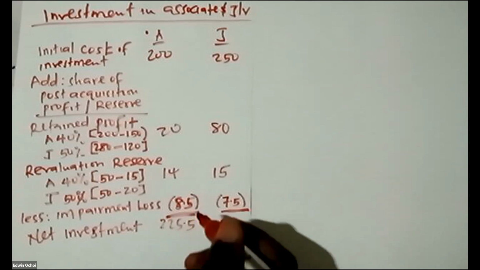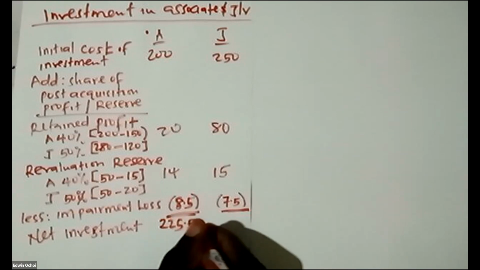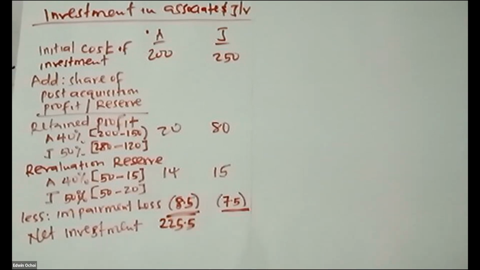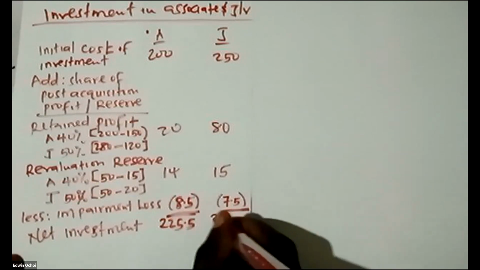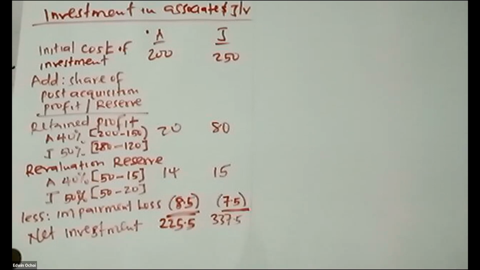Then 250 plus 80 plus 15 minus 7.5. 337.5. So that is what you record as your investment in associates for A and J.